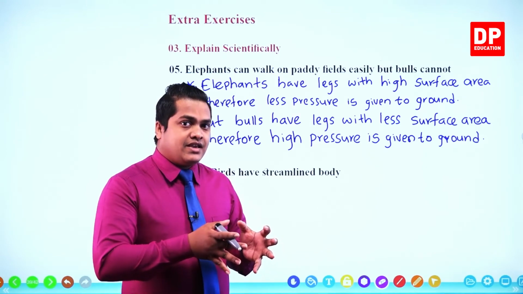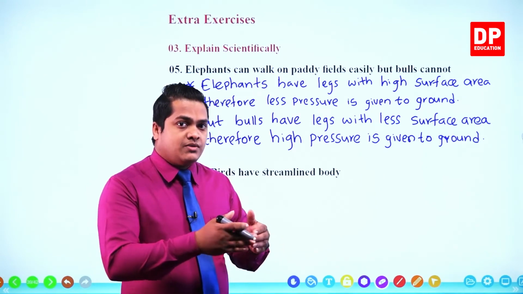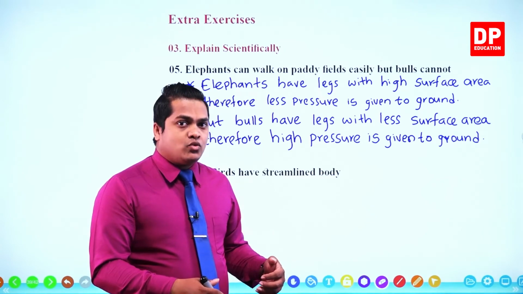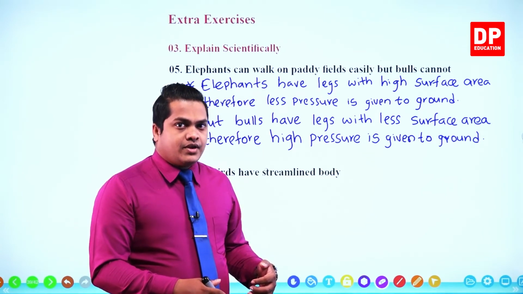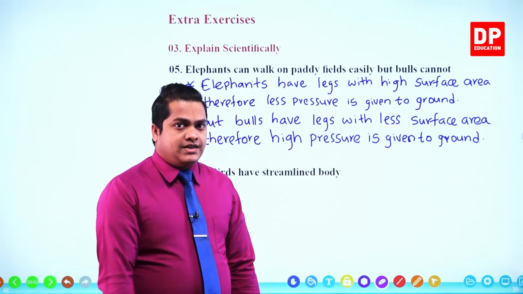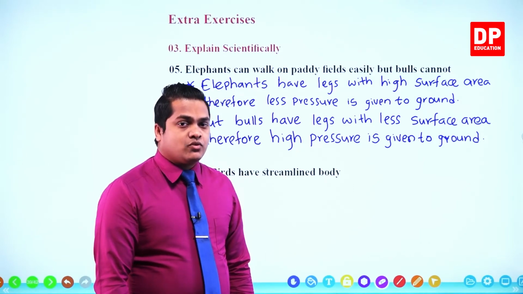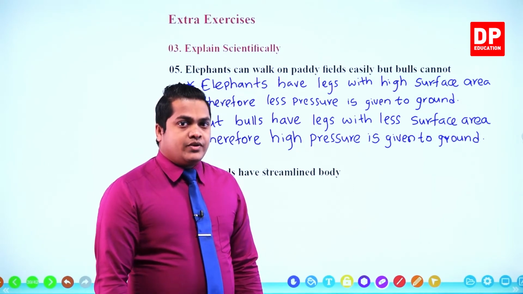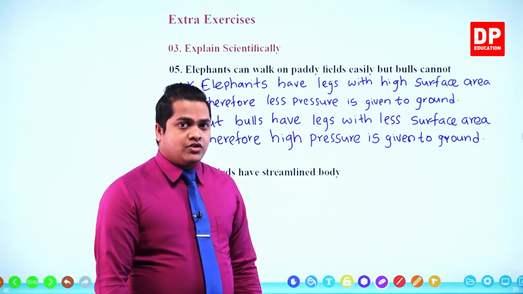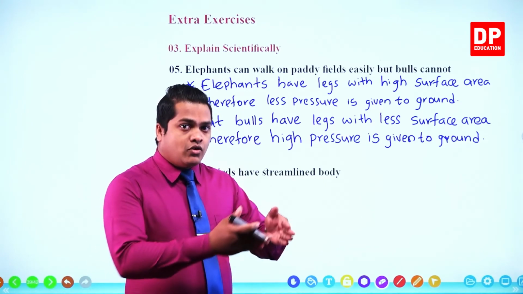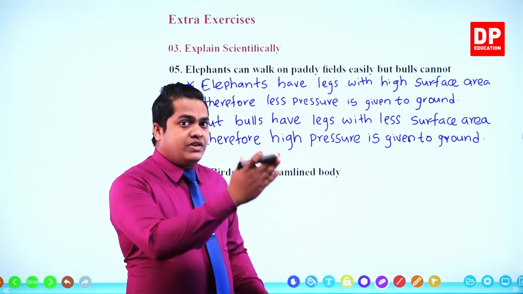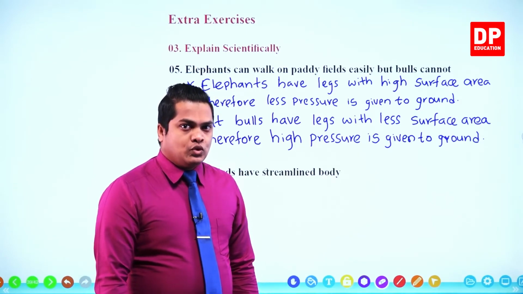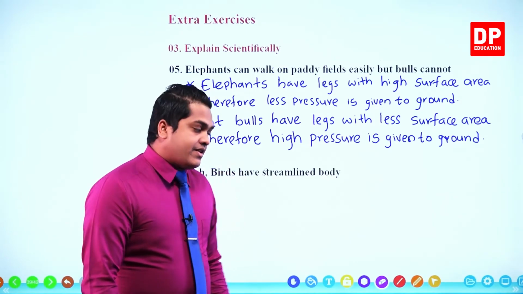Cut means here they can cut the streams of water or streams of air which is coming towards them, and to travel through them quite easily. That streamlined body shape is quite essential. So it helps to increase the pressure given by the body on those streams and to pierce and pass through. Okay, so we can write the answer.